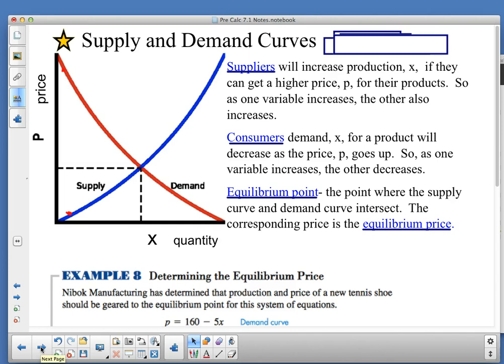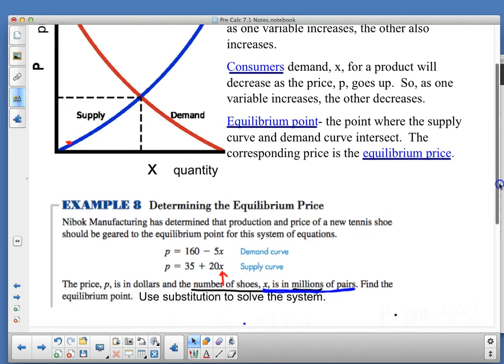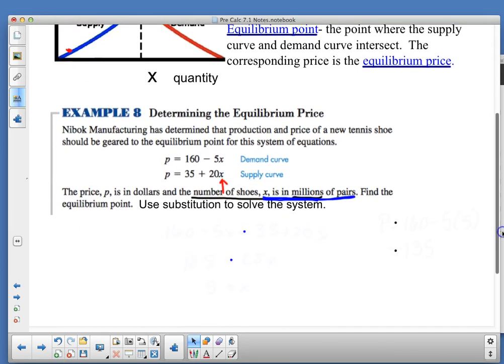Let's talk about what we're looking at for this determination of supply and demand. Determine the equilibrium price, the sweet spot. Nybach Manufacturing has determined that production and price of a new tennis shoe should be geared to the equilibrium point for these two systems. Now, this is based on information that's collected.